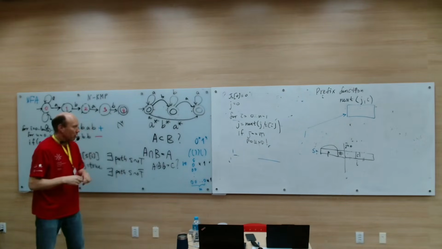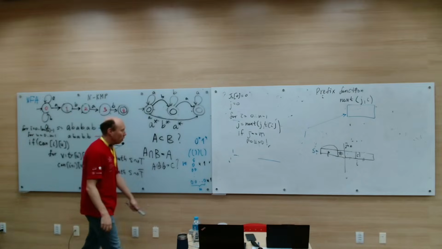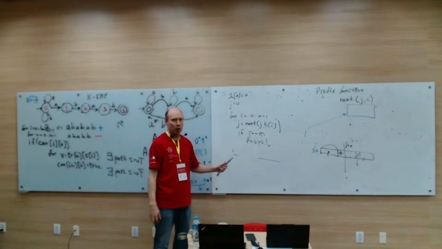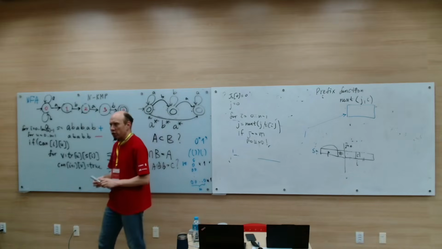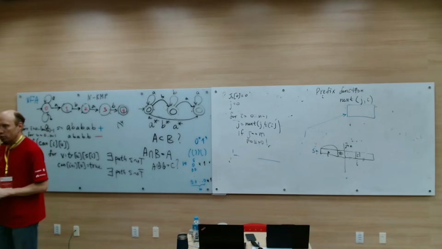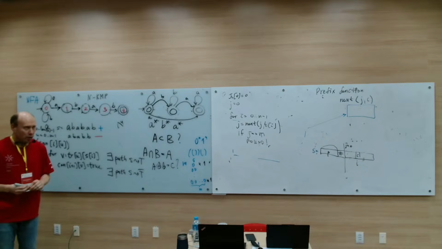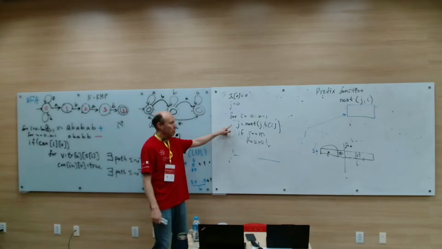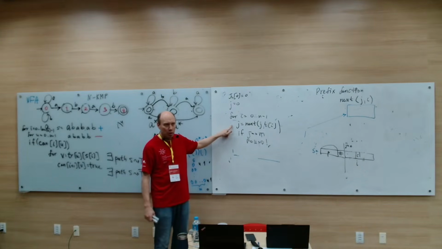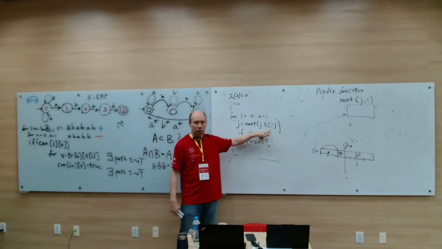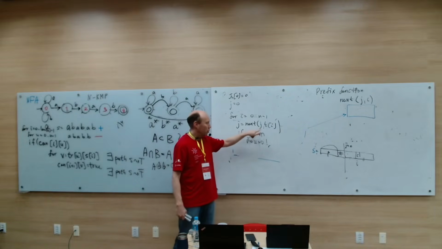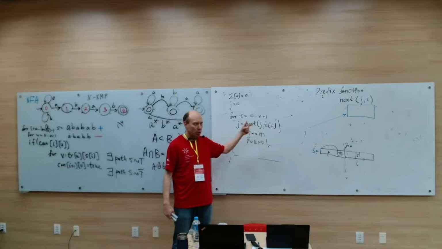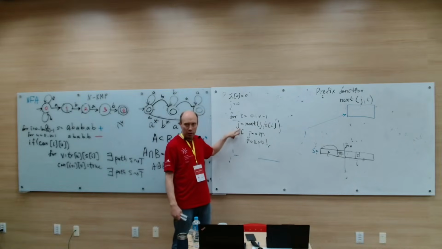What does it remind us of? The answer is it reminds us how deterministic finite automatons actually work. j is kind of the state, and we take the next character of our input string. We look where we go with that character from the current state and go there.